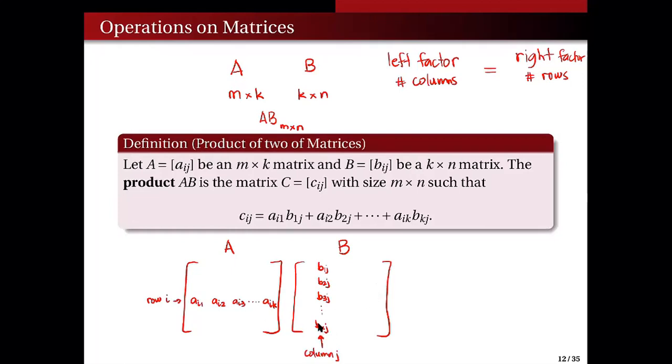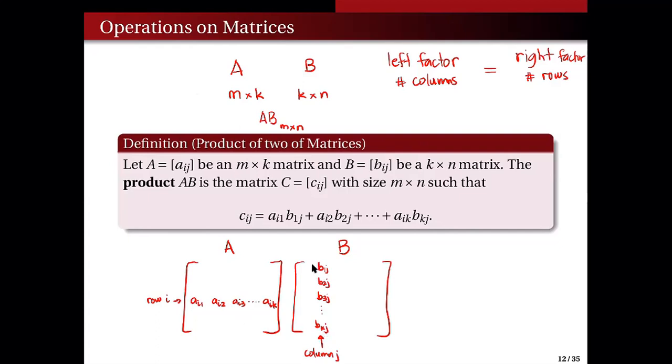And take note, the first subscript here, the last entry for matrix B, it's K, because B has K rows only. And what is this? Number of columns for A equals number of rows for B.